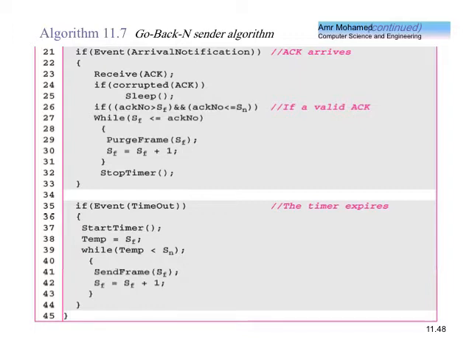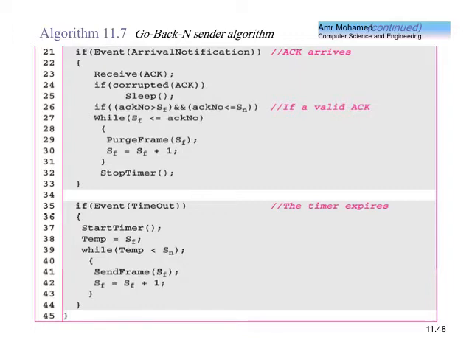Could be. So that's why I have to check that the acknowledgement number is within not only the window itself as a whole, but within the beginning of the window and SN. Because SN is the last frame that I sent. So it doesn't make any sense that I receive an acknowledgement of SN plus 2 or SN plus 3.